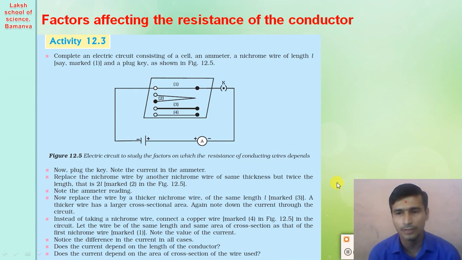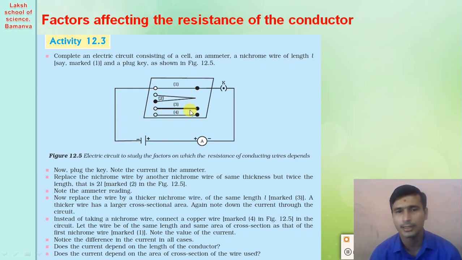So what do we do in this activity? In this activity we take first a nichrome wire, connect it between this gap and measure the electric current. In the second case, take a nichrome wire having the same thickness but double the length, connect it in this gap and measure the electric current passing through the circuit.